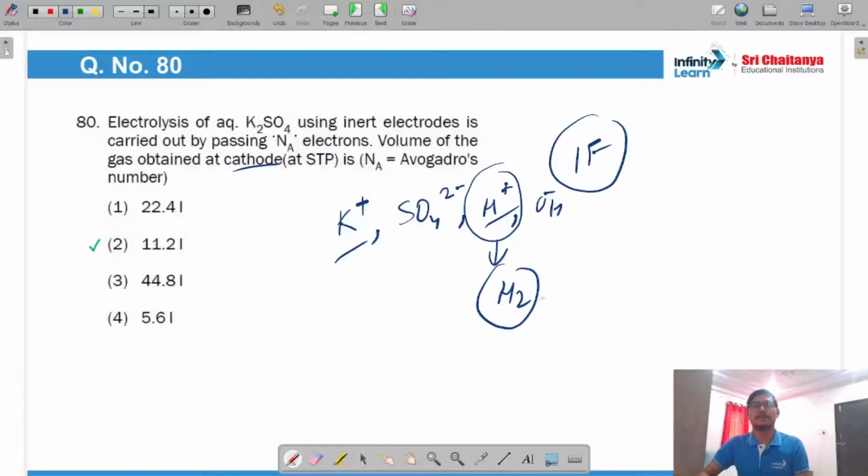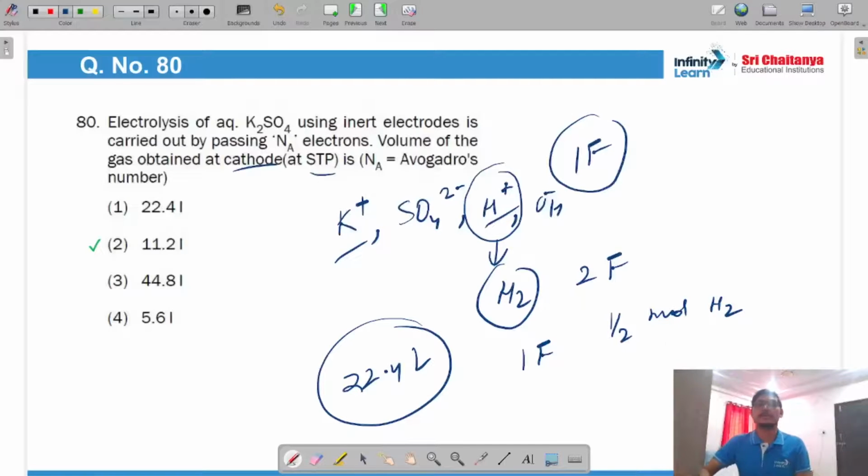Hydrogen gas will form, and you can see hydrogen gas would require 2 Faraday of electricity. So if you have 1 Faraday, you will only get half mole of hydrogen, and 22.4 liter is the molar volume of a gas, assuming ideal behavior at STP. So for half mole, it would be 11.2 liter. Okay, so 11.2 liter would be the volume.